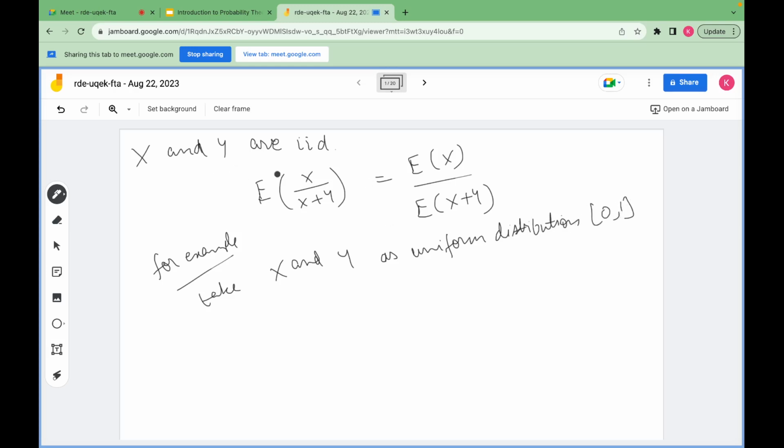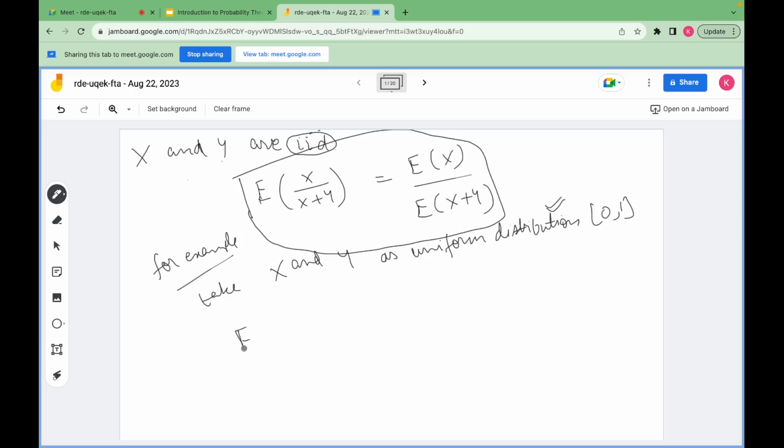It is asked whether this statement is true for all X and Y which are IID, independent and identically distributed. So we are taking X and Y as a uniform distribution from 0 to 1. We want to see whether it is true for this basic example or not.